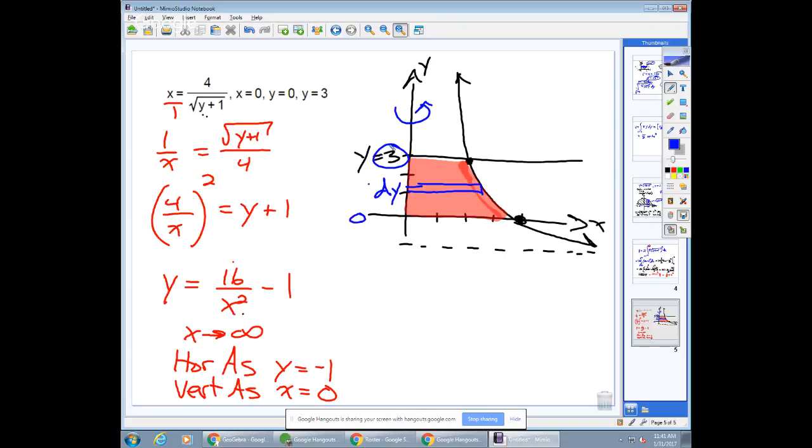That is a horizontal rectangle, which represents my radius. So the radius must be x or y? Horizontal is x, right? So r is an x value, and I happen to know what x equals up there. So our radius happens to be 4 over the square root of y plus 1.